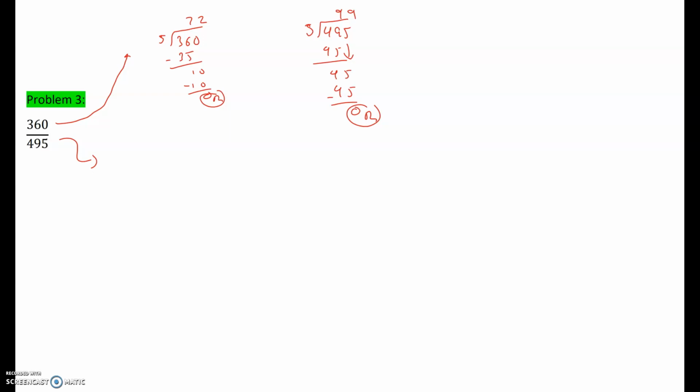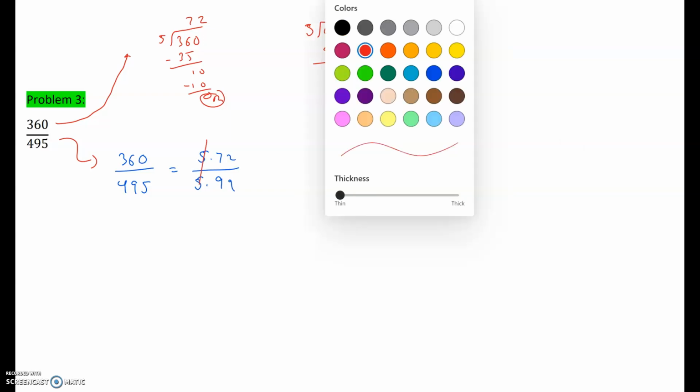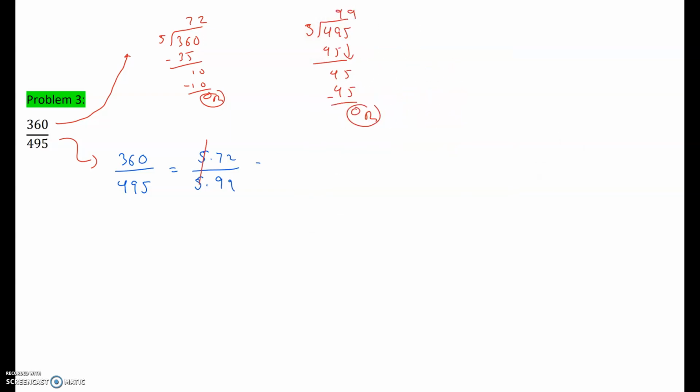Let me rewrite the whole thing. 360 over 495 is equal to 5 times 72, and then 5 times 99. We can see that there's a common factor of 5. So our next answer is 72 over 99.